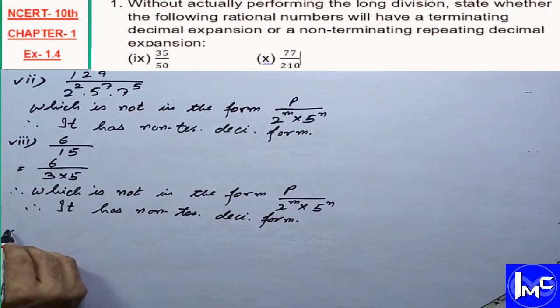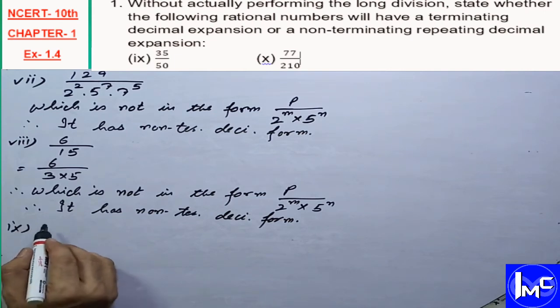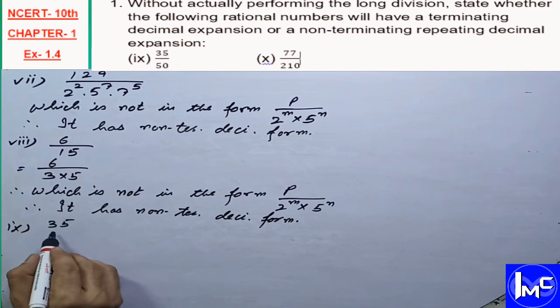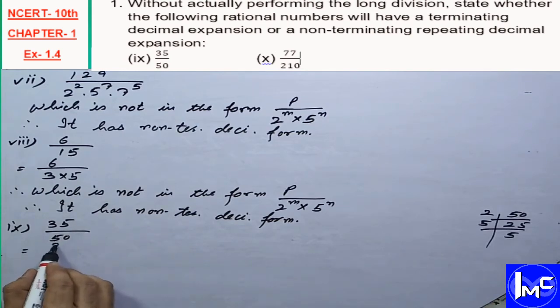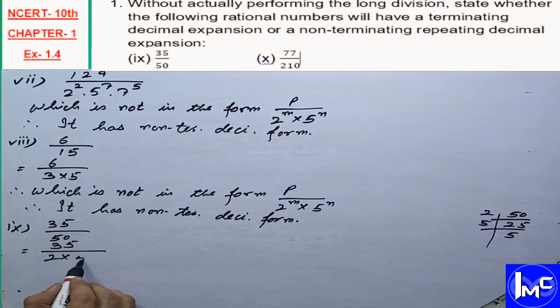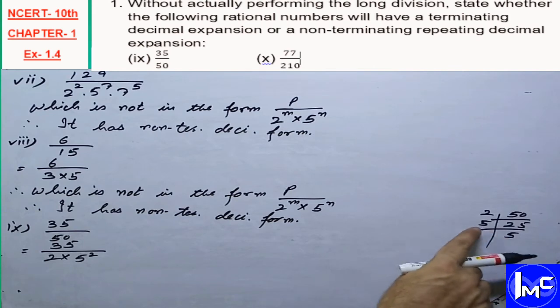And ninth question is 35 over 50, and factors of 50 will be 2, 25, 5 5s are 25, 35 over 2 into 5 square, because 5 is multiplying 2 times.